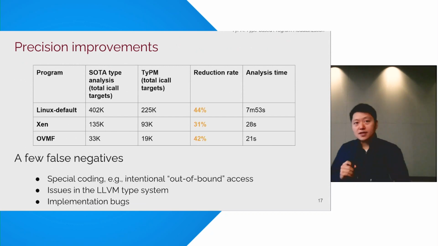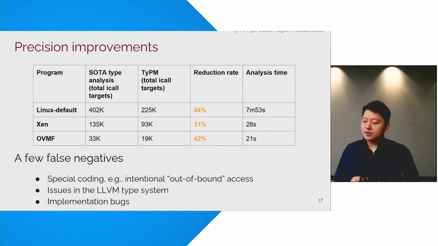And the precision evaluation is actually good. You can see, compared to the state-of-the-art, TypeN can additionally remove more than 30% of targets for individual calls. And the analysis time is actually small. For a large Linux kernel, it takes only 8 minutes to finish the analysis.